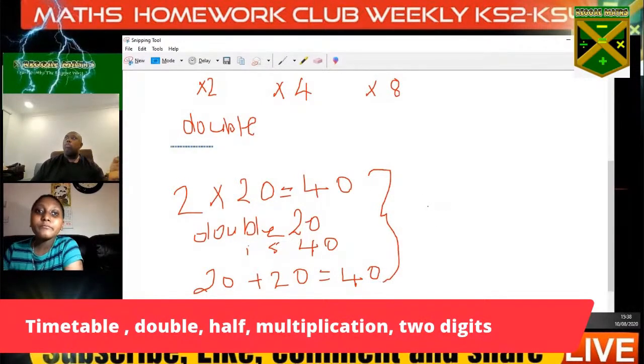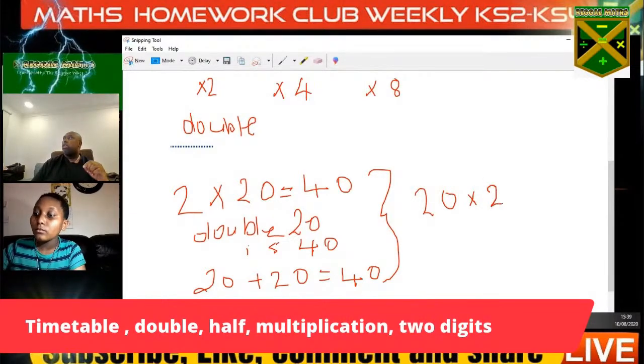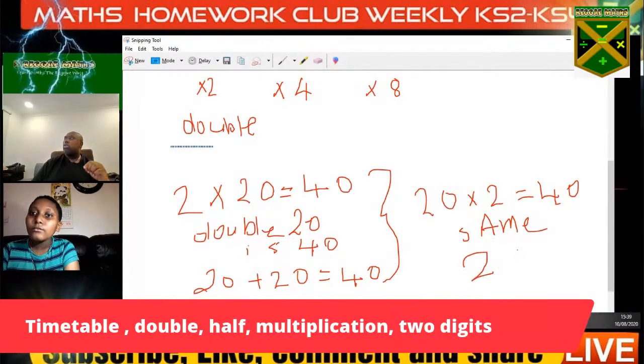Now, we also address another thing here. We said 20 times 2 equals 40. That is the same as 2 times 20. It's exactly the same thing.